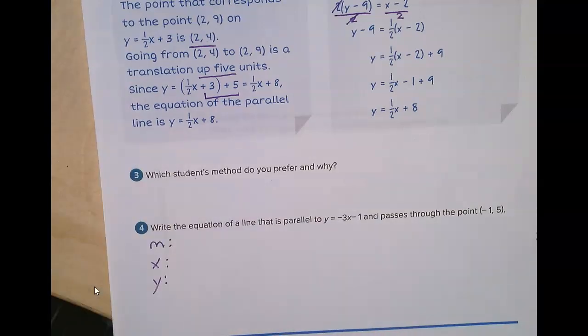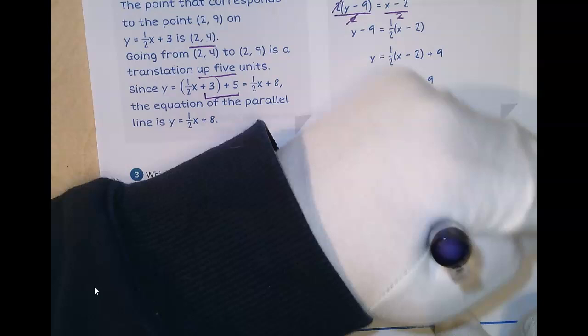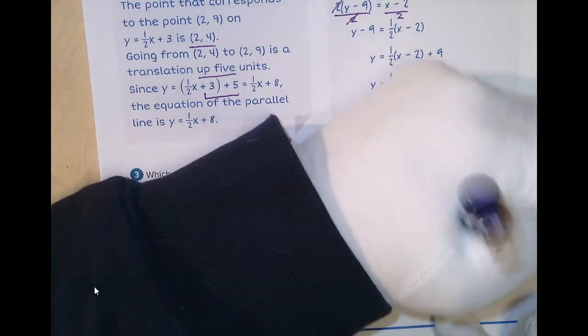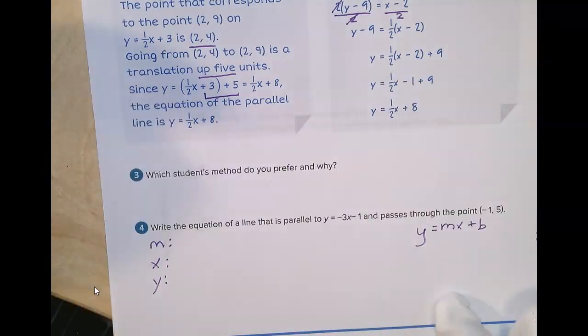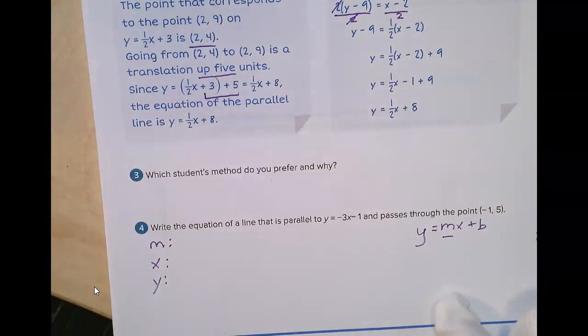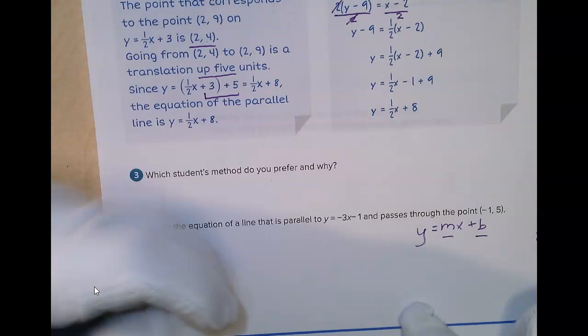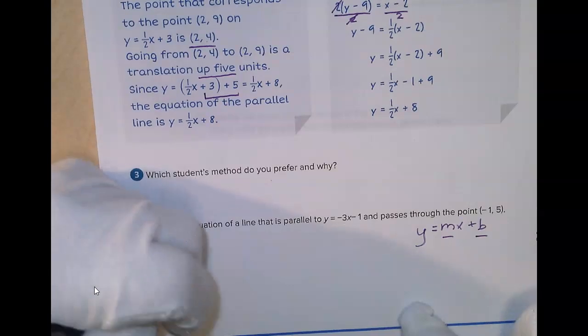All right? And to write my equation, I know that I need y equals mx plus b. And I just need to be able to plug in an m, and I need to be able to plug in a b. I know the m. So all I need to know is the b.